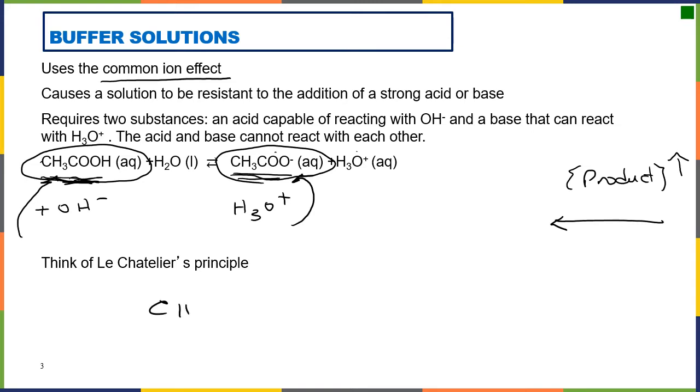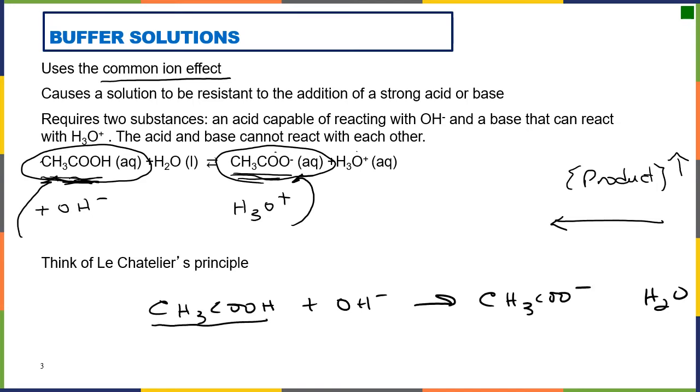So if I took CH3COOH and I added some OH minus to it, it would make some water and it would make some acetate. So in my solution, I have now converted a weak acid into a weak base. That has a very small effect on the pH.